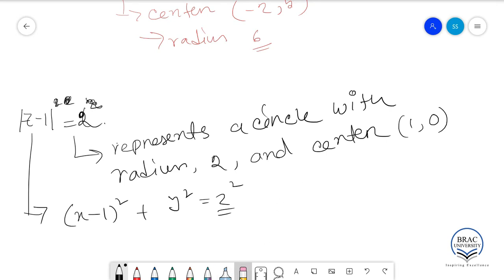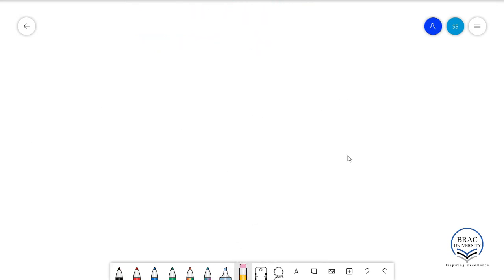Let's take another example. I'll clear the canvas now. So let's say I had again a modulus z minus 2i modulus, and let's say this is equal to 1.